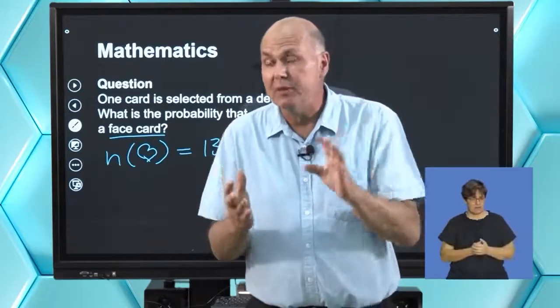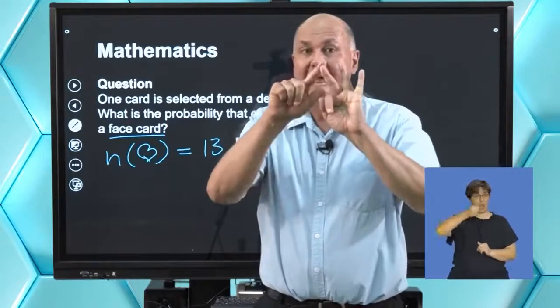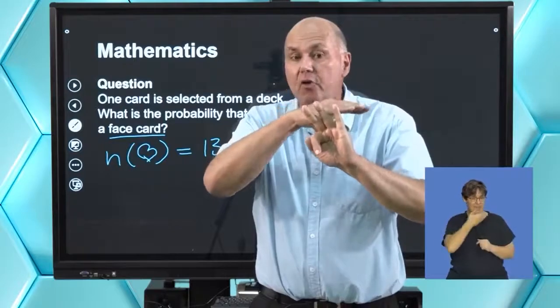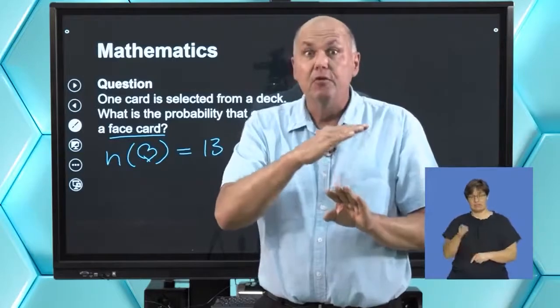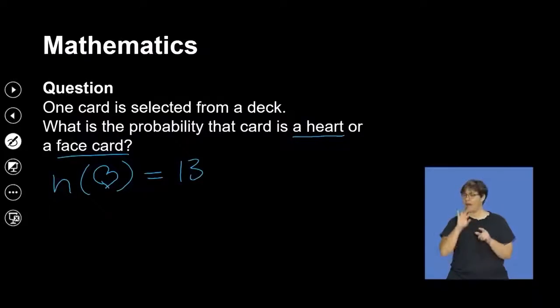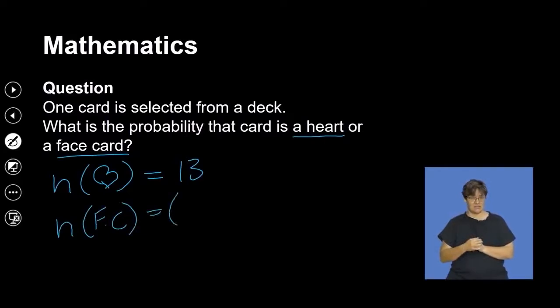Well, that's a little bit more tricky. Remember that there's jack, queen, and king. And we recognize there are face cards for the hearts, for the diamonds, for the spades, and for the clubs. So for each of the 4 suits there are 3 face cards, so 3 times 4 gives us an answer of 12.